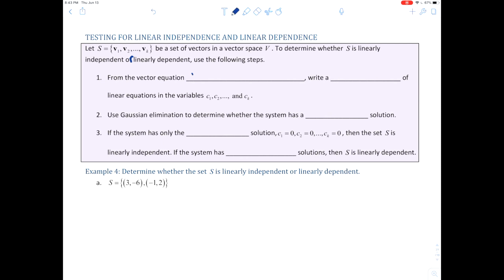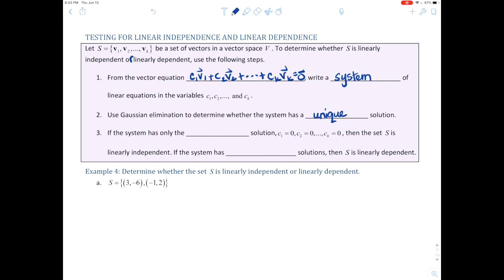From the vector equation C1 V1 plus C2 V2 plus ... plus CK VK equal to the 0 vector, write a system of linear equations in the variables C1, C2, all the way down to CK. Use Gaussian elimination to determine whether the system has a unique solution.